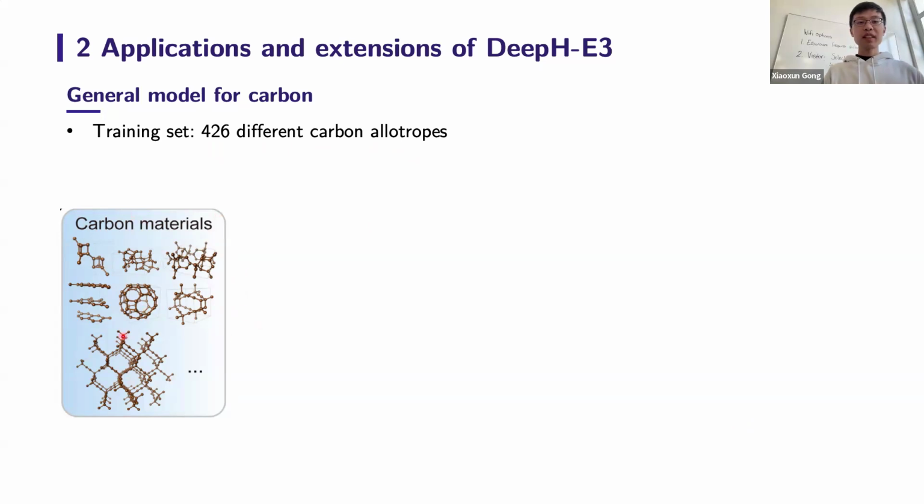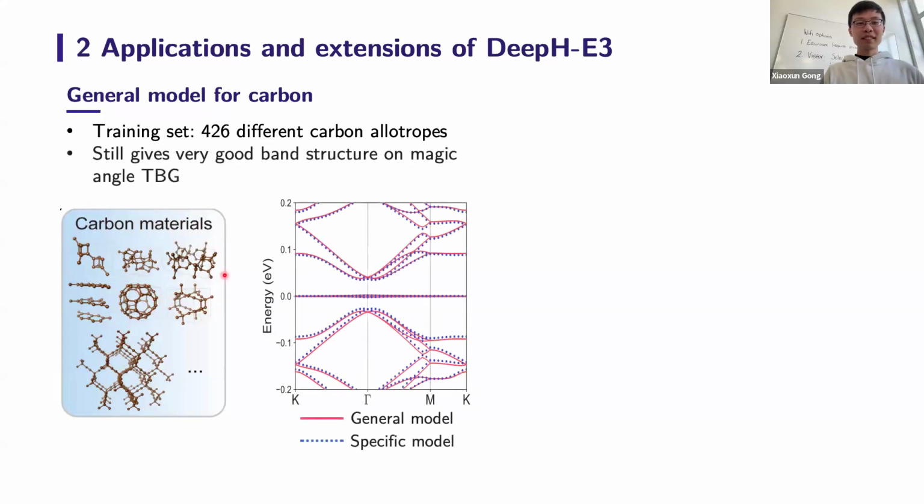This data set contains many weird looking structures, but after we train, our neural network still gives a very good band structure on the magic angle twisted bilayer graphene. We can see these red lines are the band structure predicted by the general model, and these blue dots are the band structures predicted by our specific model, which is only trained on the bilayer graphene data sets.